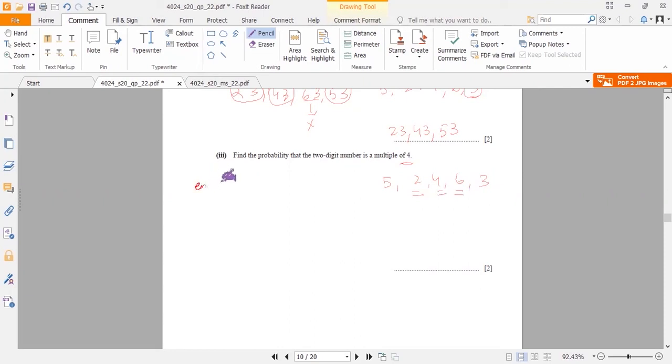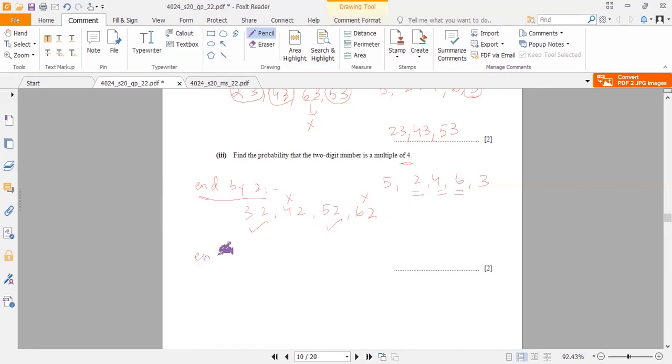For example, if the number ends with 2, what are the possibilities? 32, 42, 52 and 62. 32 is divisible by 4, 42 is not divisible, 52 is divisible and 62 is not divisible.